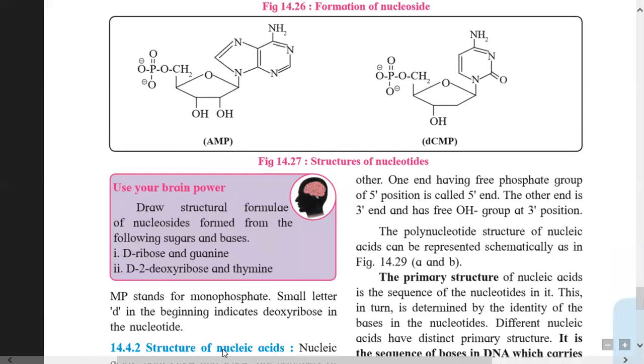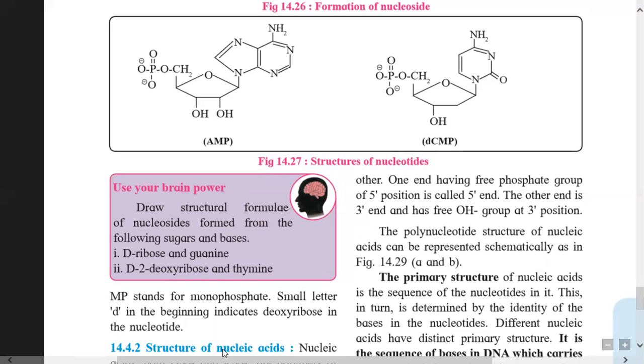Here one example of nucleotide is given in figure 14.27. So here AMP long form is adenosine monophosphate. It contains this sugar component, this is the base component, and this is the phosphate. So the base present is adenosine, and this is the phosphate group present at 5th prime position.